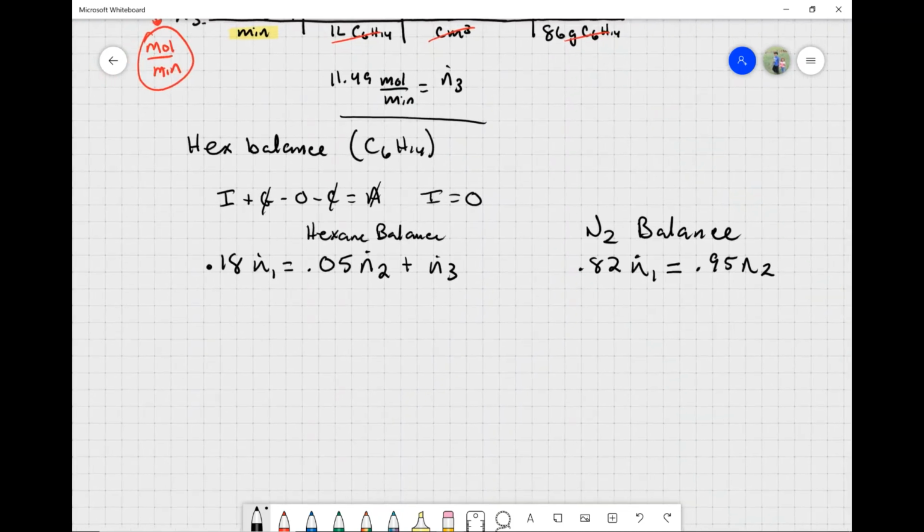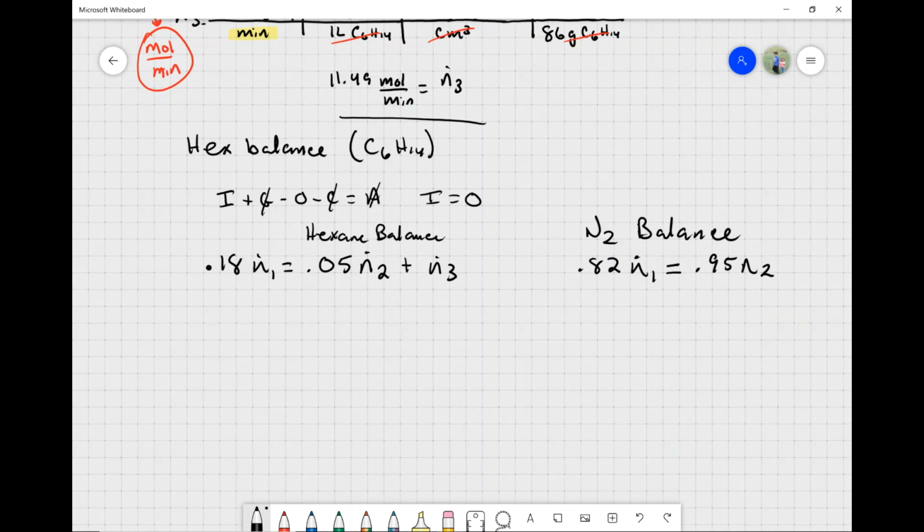So we can rewrite this hexane balance problem, and then N3 is 11.49. And I'm going to leave the units off. We'll plug them in later.